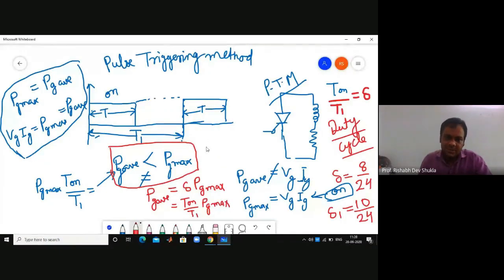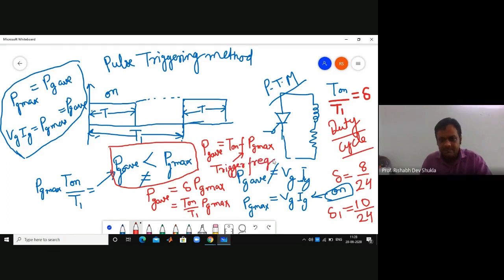It can also be written as PG average is equal to T on times F times PG max. What is F? This is your triggering frequency.